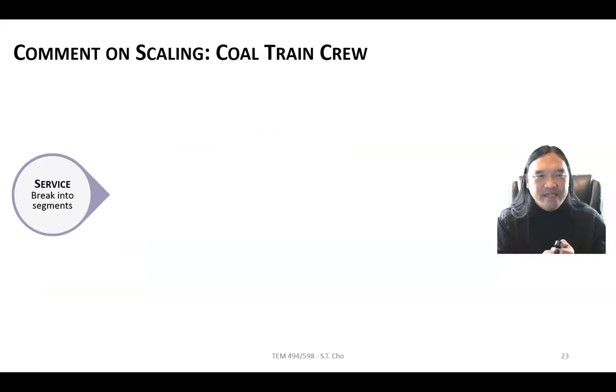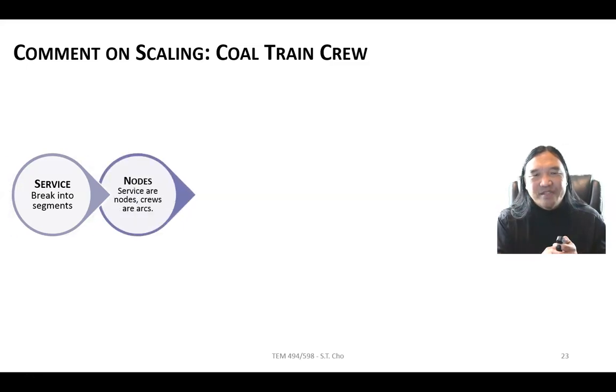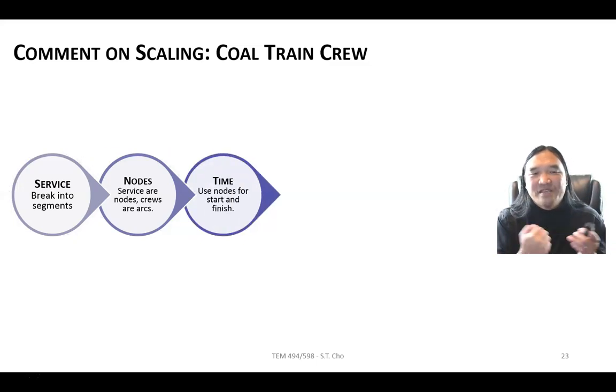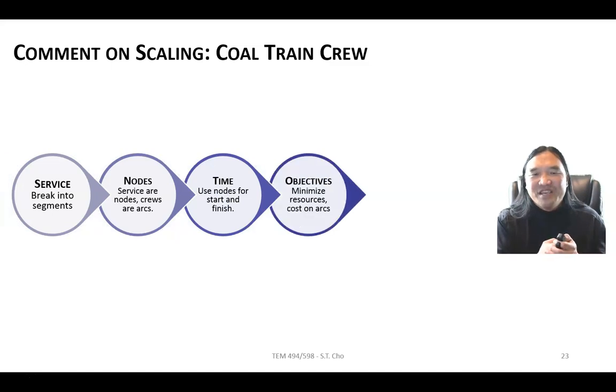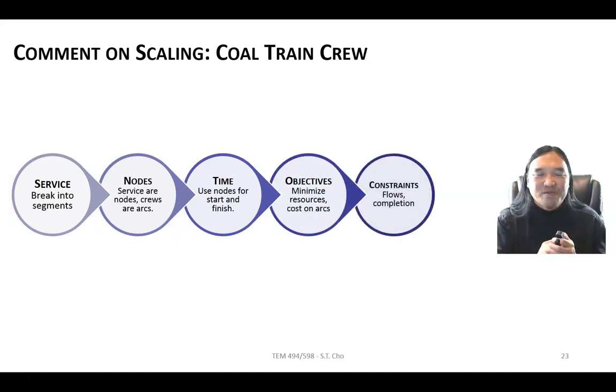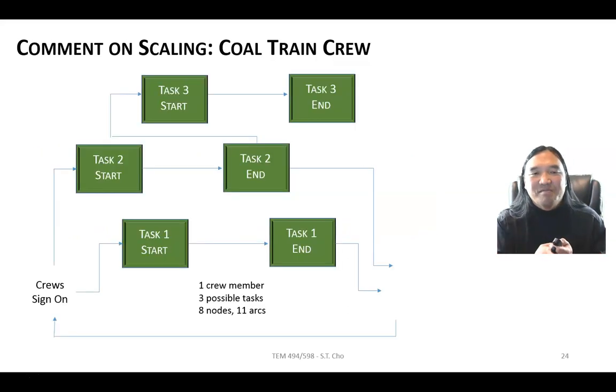Well, what they did is they looked at the service and broke it into segments. What are the nodes? Essentially, what are the service points? And the crews are basically arcs. The time used from start to finish. They want to minimize the resources because they don't want to hire a lot of people. My constraints are how much I can flow and when this is going to be completed.